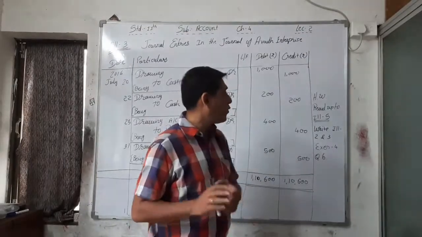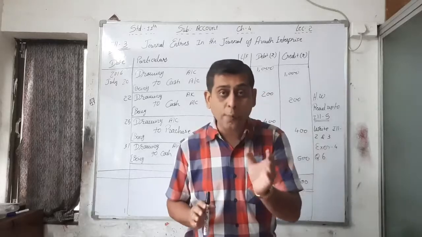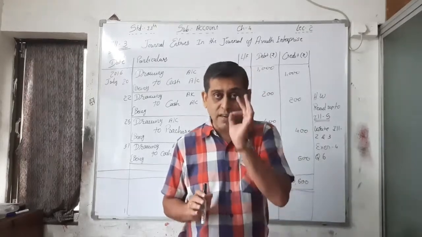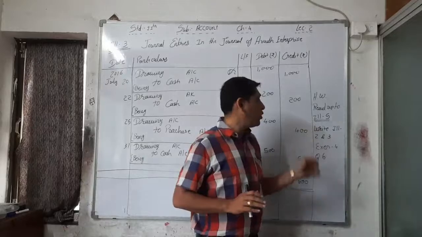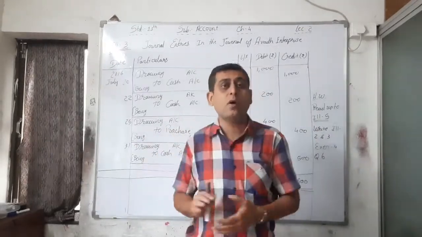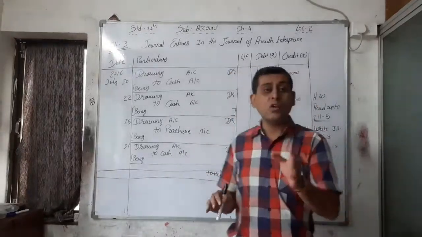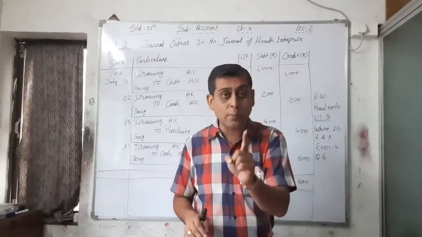So what is your homework? Finally, read up to illustration number 5, all the topics, all the theories, please read carefully. Then write illustration number 2 and 3, whatever we discuss on the board in today's lecture. Please write these down in your fair book, in your example book, compulsorily.